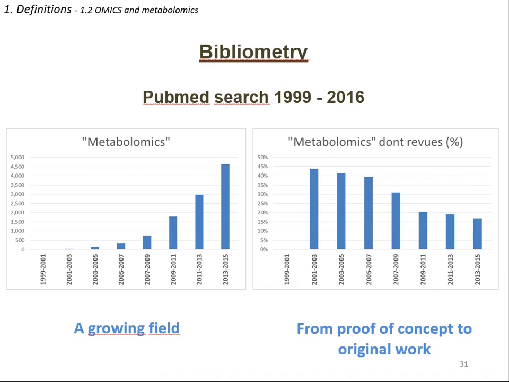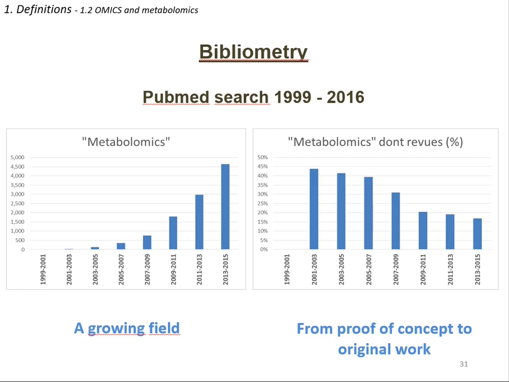Here is a little update on the progression of metabolomics and how it developed as its own field of research. If we look from 1999, which could be the birth of metabolomics as such, these graphs show the evolution every 2 years of the occurrence of a word or an expression, which is between brackets.